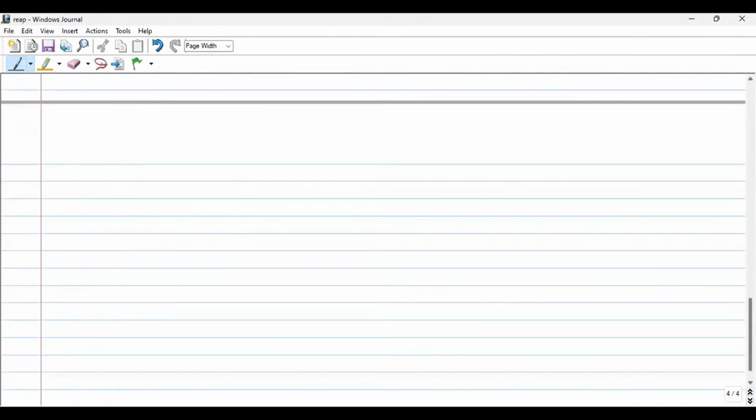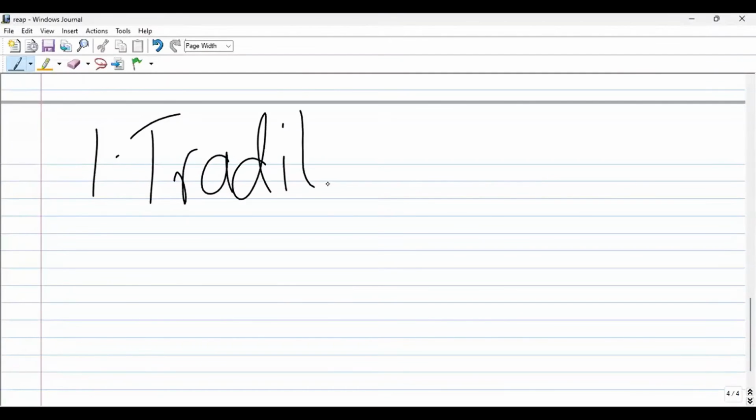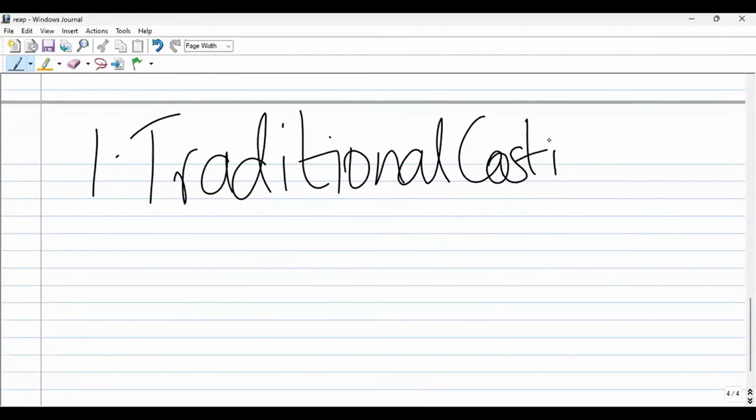And these include: one, traditional costing, or absorption costing system.